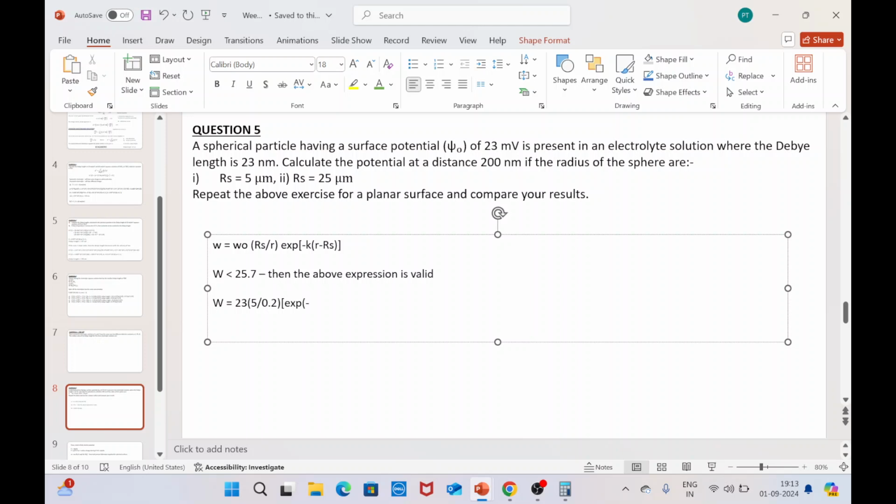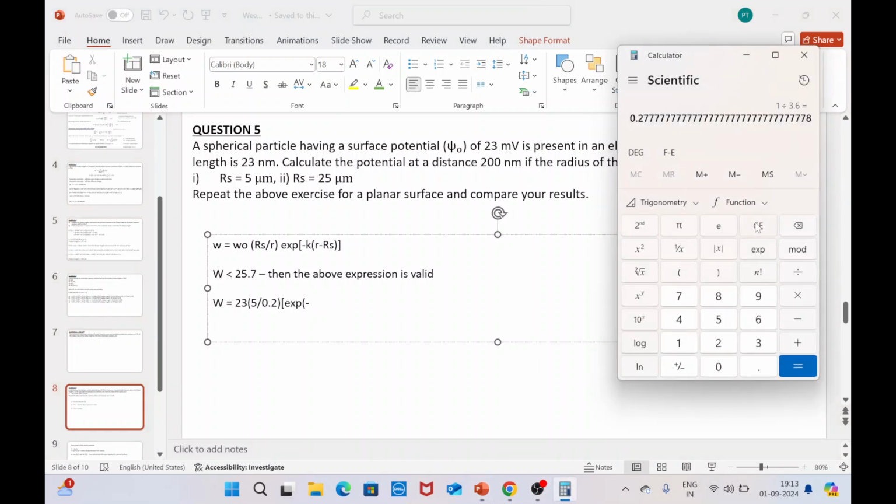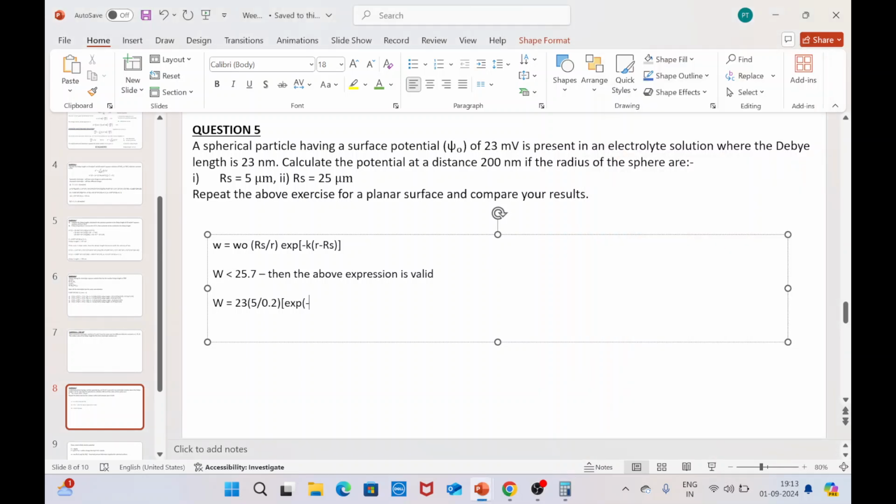We have 1 by kappa, so that is 1 by 23 nanometers, which is 0.043, times 10 power 9 since it is nanometer, times r minus Rs.